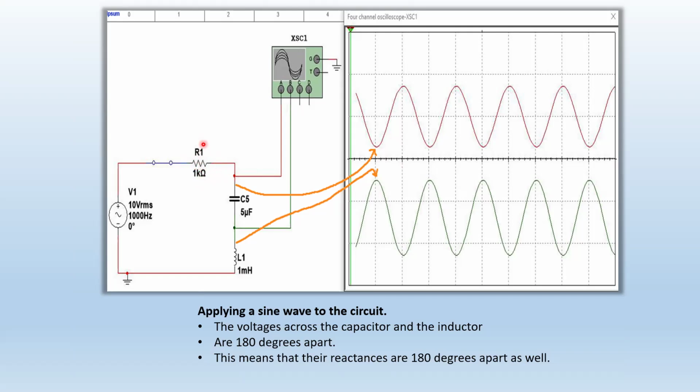Of course, if you decrease the resistance down to zero, pretty much, you're going to have zero voltage on that, right? So you can say that the reactances are also 180 degrees out of phase.